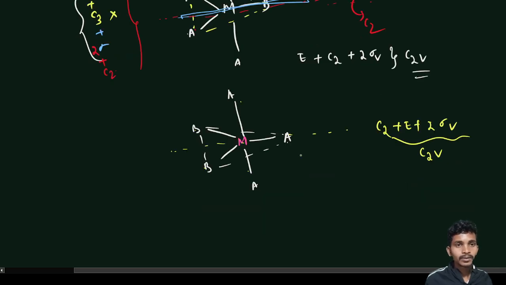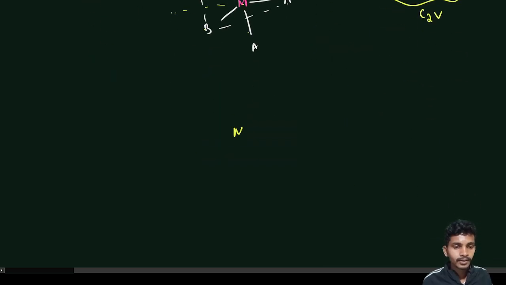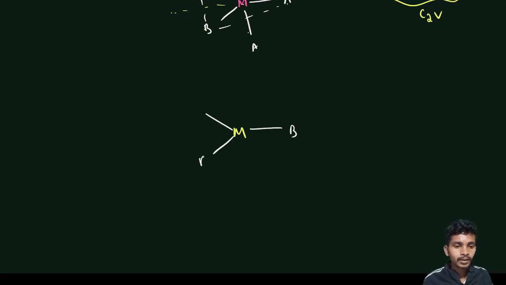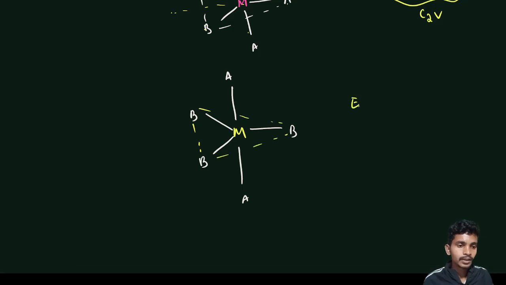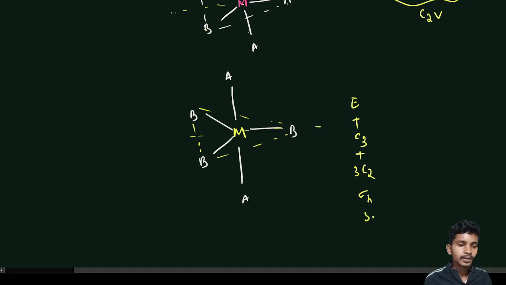So now if you replace all the threes, then again, if I replace M by all the three, let's say this is B, this is B, this is B, and this is A and this is A. Then in this case, E is there, plus C3 is there, plus C2 is also there, so 3 C2 is also there, sigma is also there, also S3 is also there.